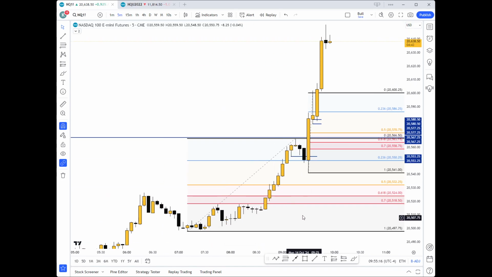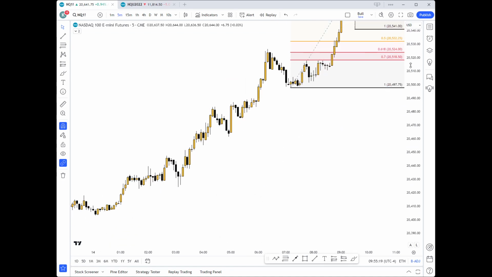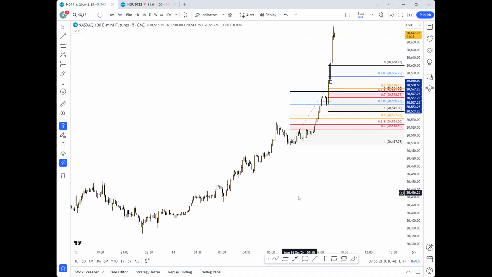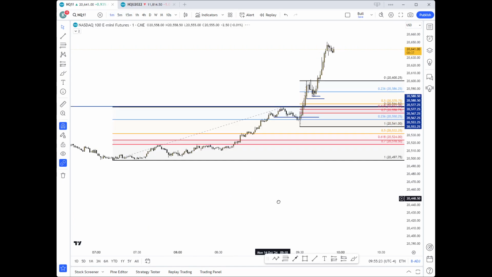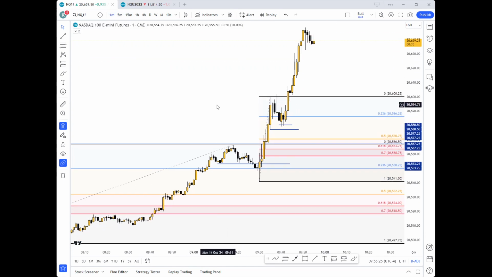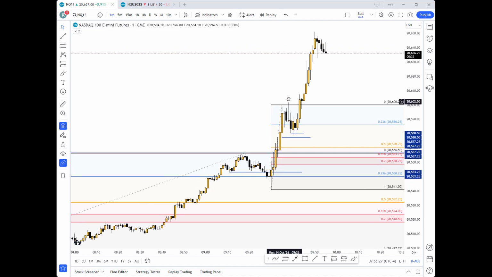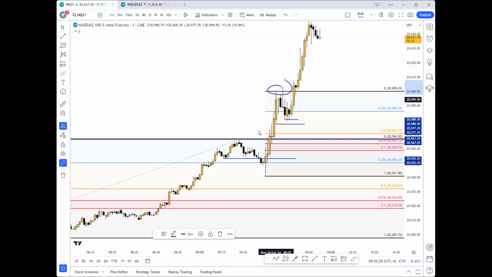Yes, so to answer your question, HNS, you do have structure on the 5 minute. That's right. What I'm looking at is, if this wanted to trade back down to the prior zone, then it's going to be violent because there's no structure on this move.